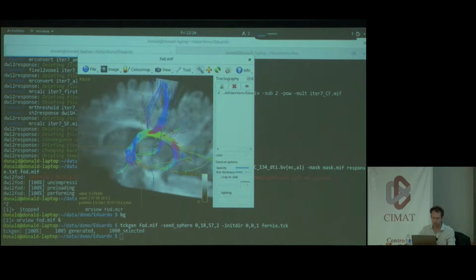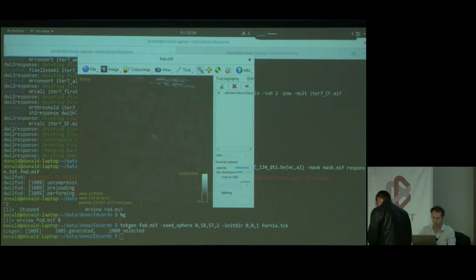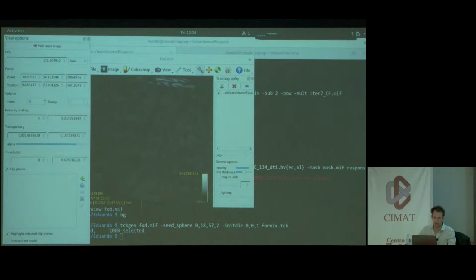And we can also have a look in this view as well. There we go. Let's just invert that. So there we go. That's quite a nice fornix.